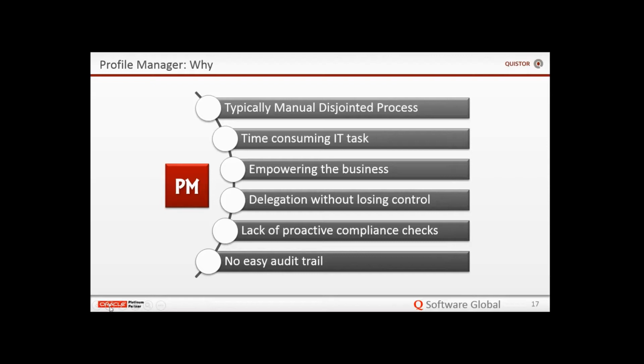And once you've done your compliance checks, how do you then audit the trail of changes? So the current processes were hugely challenging for both the business and IT. And from where we stand as a supplier of third-party tools, we could see that this was something that needed addressing in the JDE market.